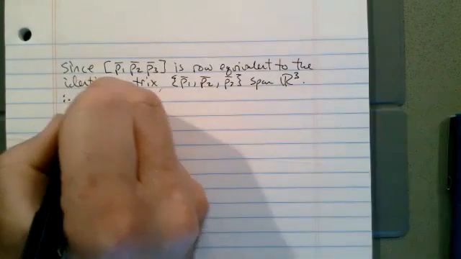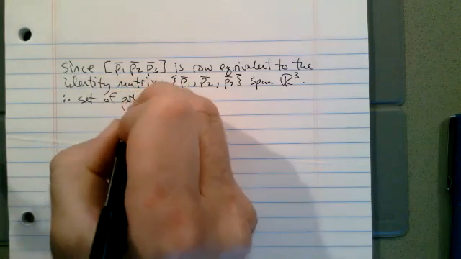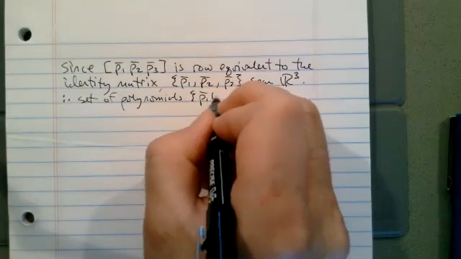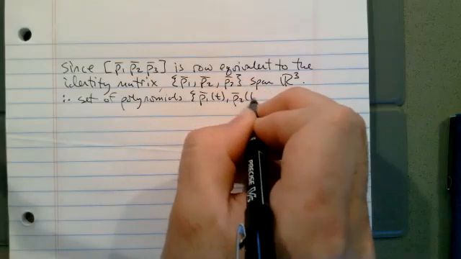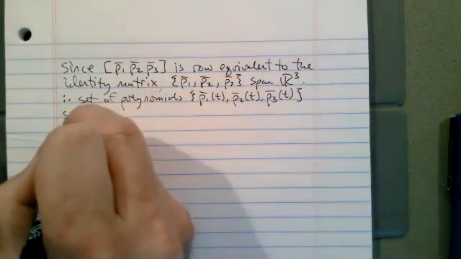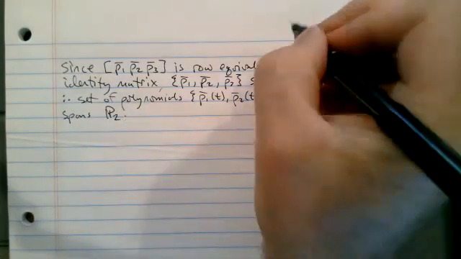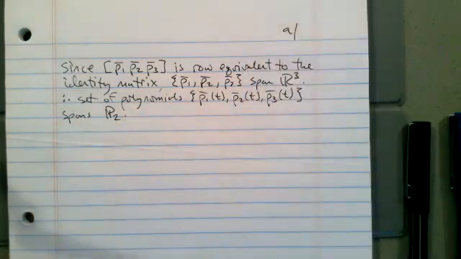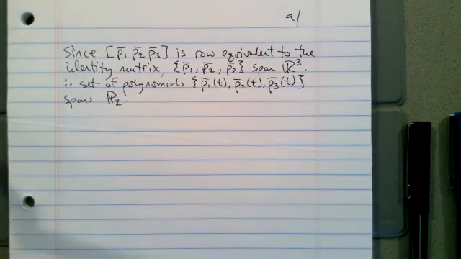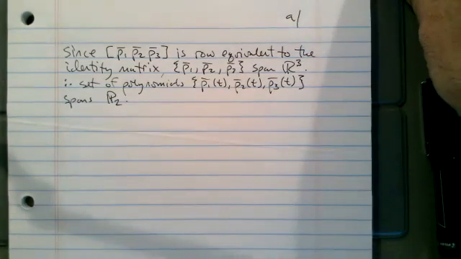Therefore, the set of polynomials P1 of t, P2 of t, and P3 of t spans P2. We just take the polynomials, write them as vectors. Polynomials in P2, we write them as vectors in R3, and we use a matrix.